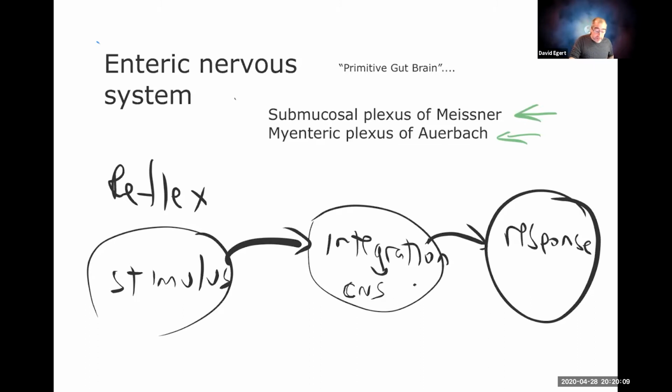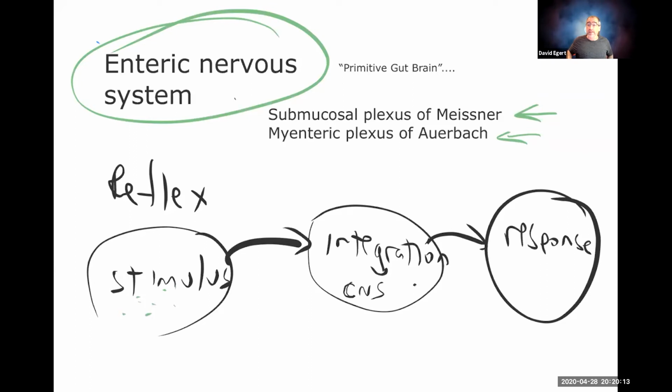What kind of stimuli is this enteric nervous system going to be able to detect? What kind of information do you need to run your digestive processes? Chemoreceptors. It's going to be chemoreceptors.